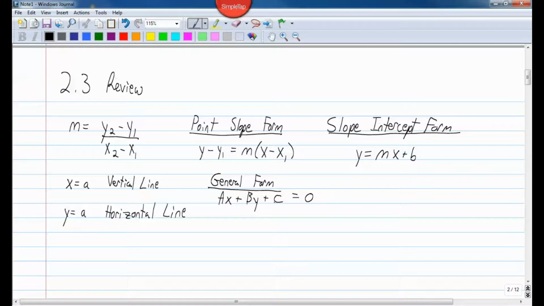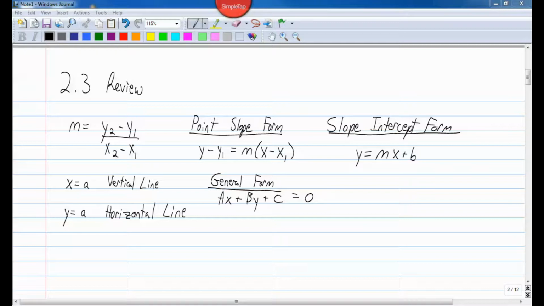From the general form, we can get the x-intercepts and the y-intercepts really fast. For the x-intercepts, you set y equal to 0 and solve for x. And for the y-intercepts, you set x equal to 0 and solve for y.